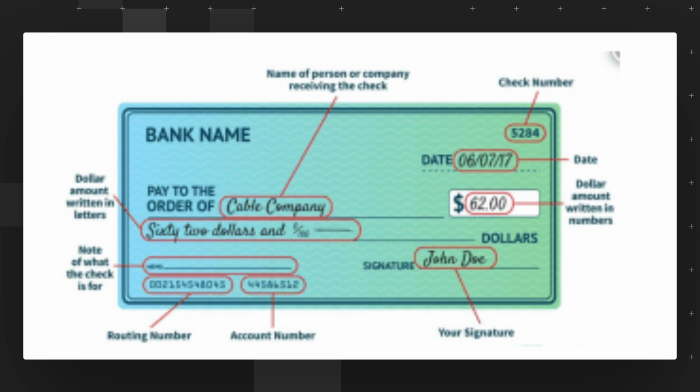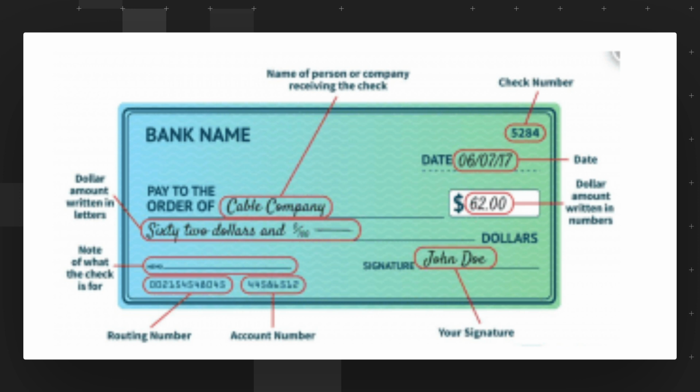Pay to the order of. This is where you put in who is going to receive the check. This can be a private individual or it can be a business. You just want to make sure you get this right, because they are going to be the ones to cash it. So it's got to match their identification and be able to clear the security protocols. So when you do pay to the order of, make sure you get it to the right person.